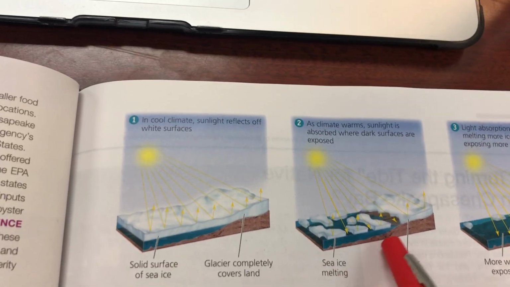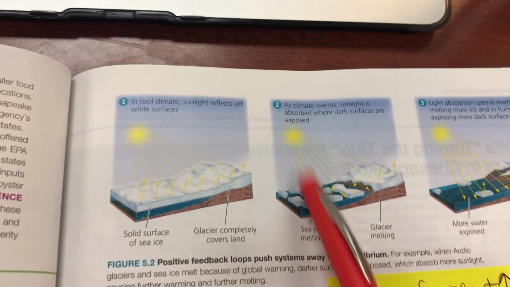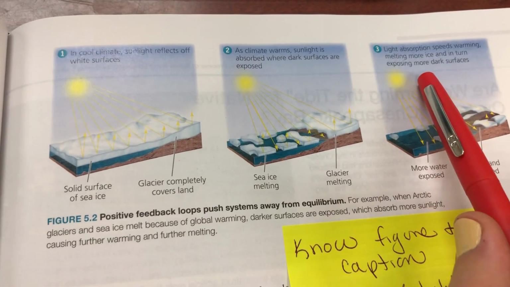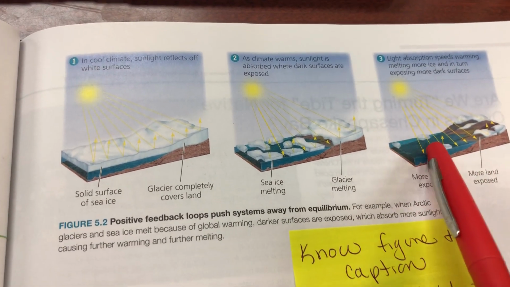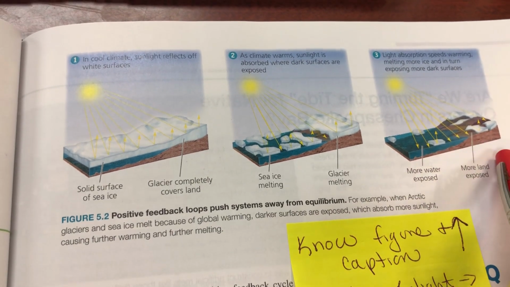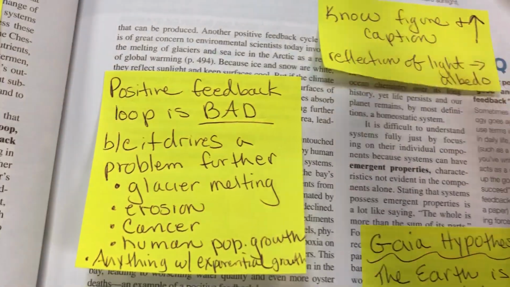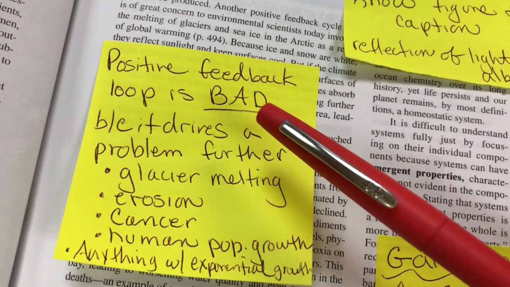So notice wherever there is dark, now the water, because it's melting, it's not reflecting off anymore. And then over time, the light absorption speeds warming, then all the ice caps melt, and little bit is being reflected. So this is an example of a positive feedback loop, and as you could figure out, it is bad, all right? And that is because it drives a problem further.